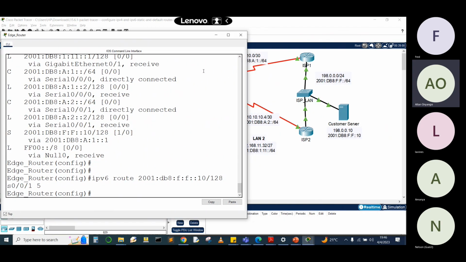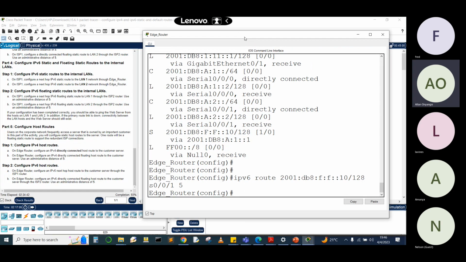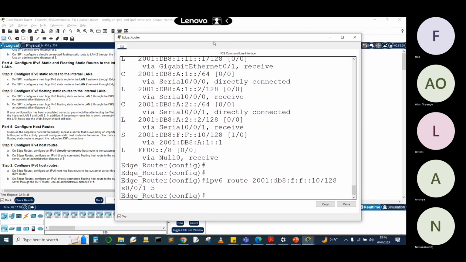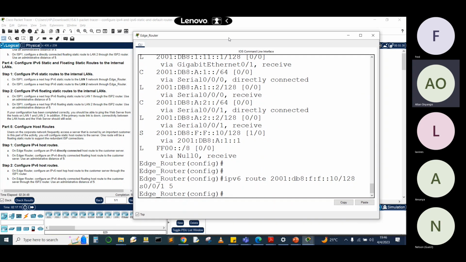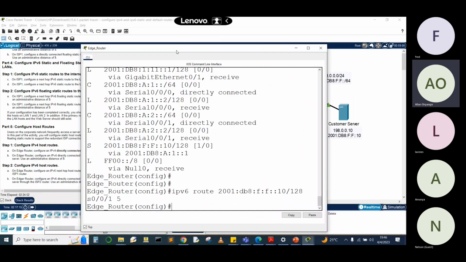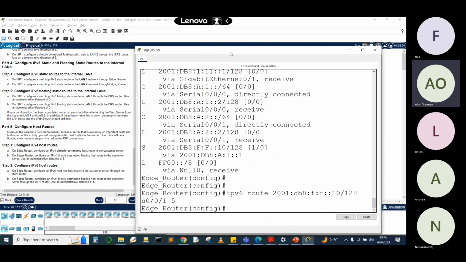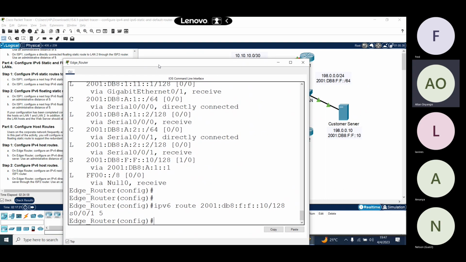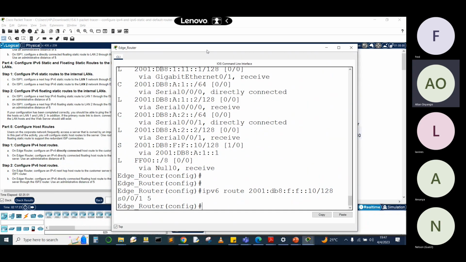You say IPv6 route 2001:DB8:F::10/128. And because we are using the directly connected passing through ISP2, I think that must not have been the case. I highly think we need to use a next hop. Let me try to see if I can use a next hop, because I'm pretty much sure I'm correct.